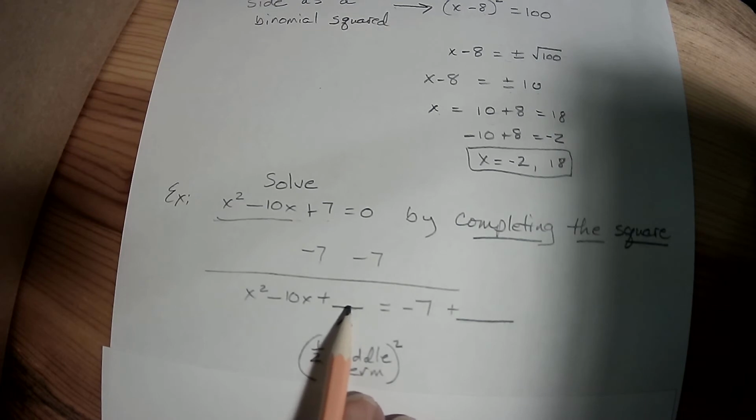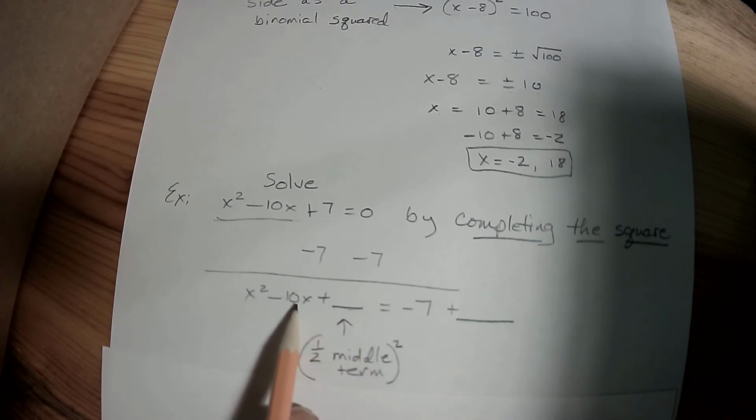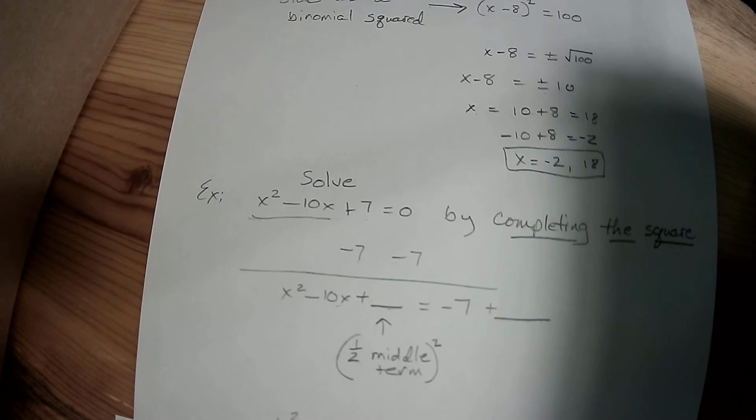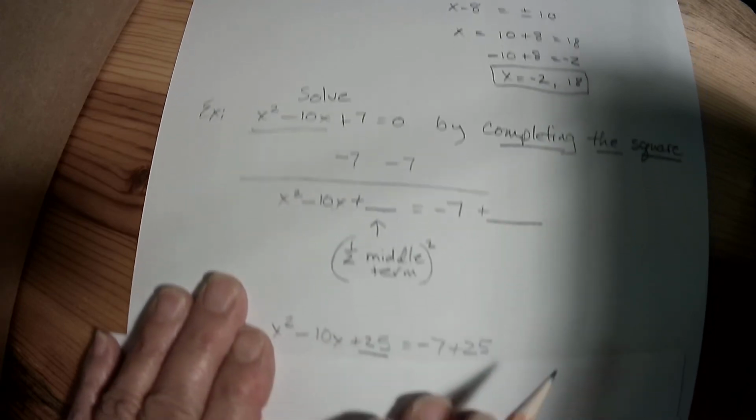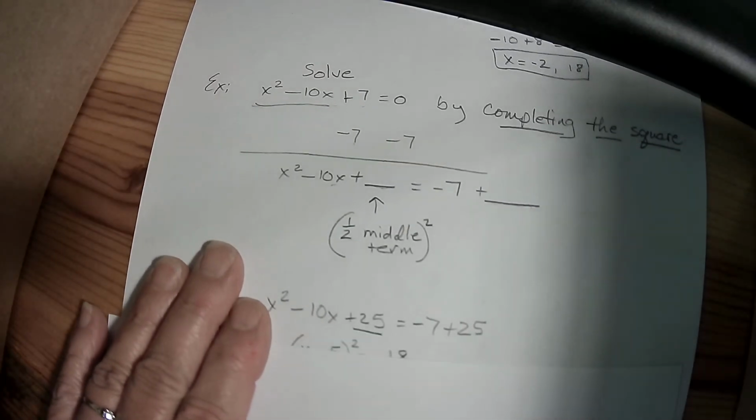So, how do we determine what goes here? So, here's a quick Algebra 1 refresher. This is going to be a perfect trinomial square if I take half of this term and then square it. Half of this term is 5. 5 squared is 25. So I'm going to add 25 to make that a perfect trinomial square.